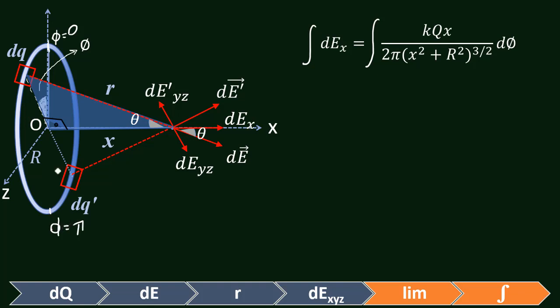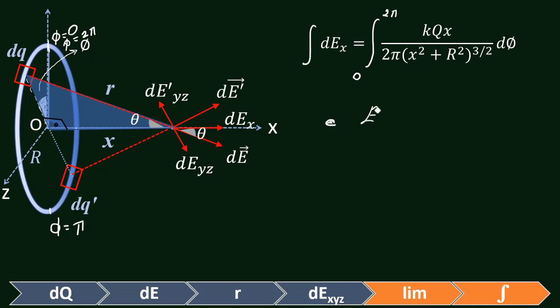pi, 3 pi over 2, and back to phi equals 2 pi. So my limits will scan the whole circle from 0 to 2 pi. All right, so I can do the integration and be done with the problem.